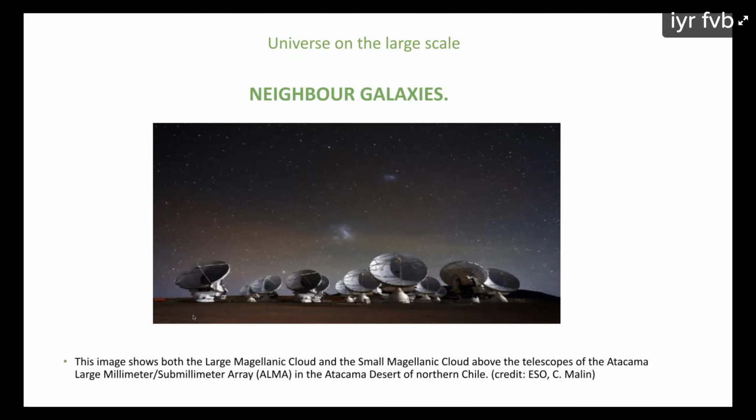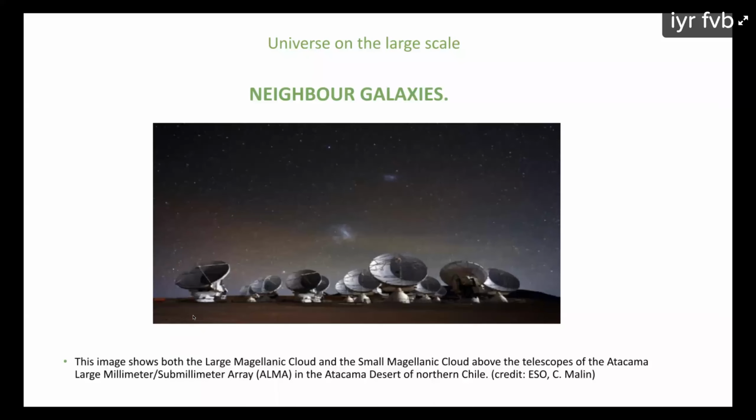What you see in the background, this large number of dishes, is actually a different telescope. We call this the ALMA, or Atacama Large Millimeter Submillimeter Array.